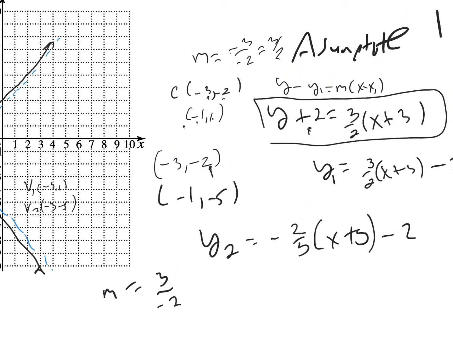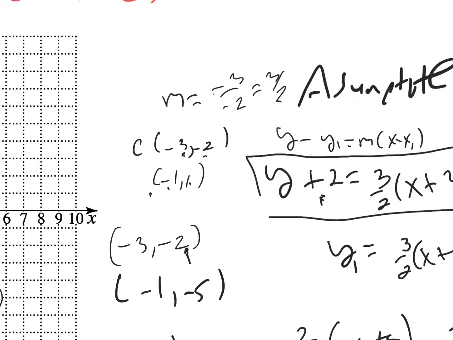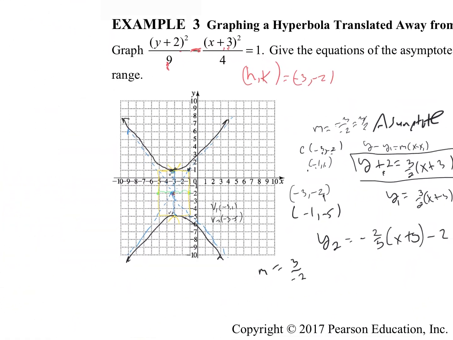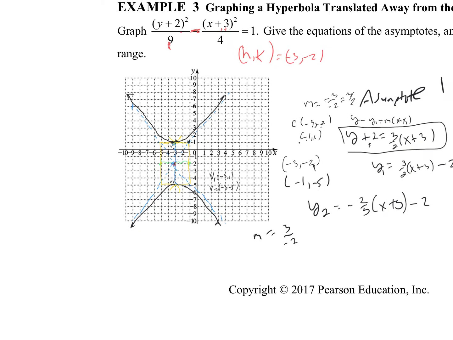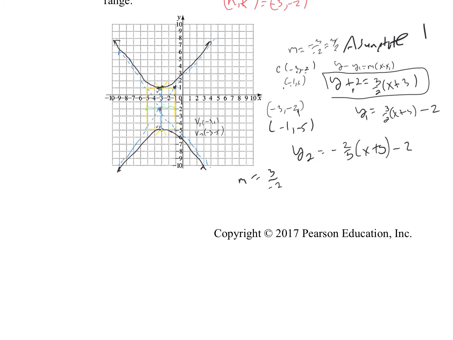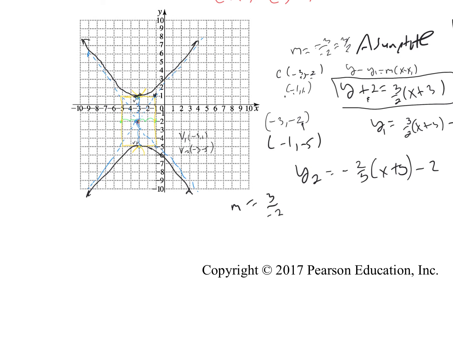I had 3/2 here. Was that right before? Maybe I wrote something wrong on the other page. I thought it flipped. Check the PowerPoint. See if it flipped it, because I just did the math. That's why I told you I don't use formulas. Just do the work. Just find the slope of the line.